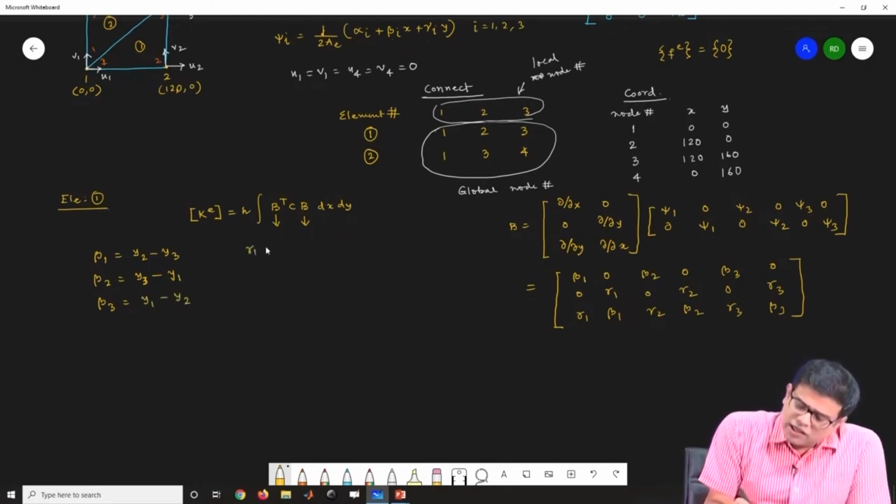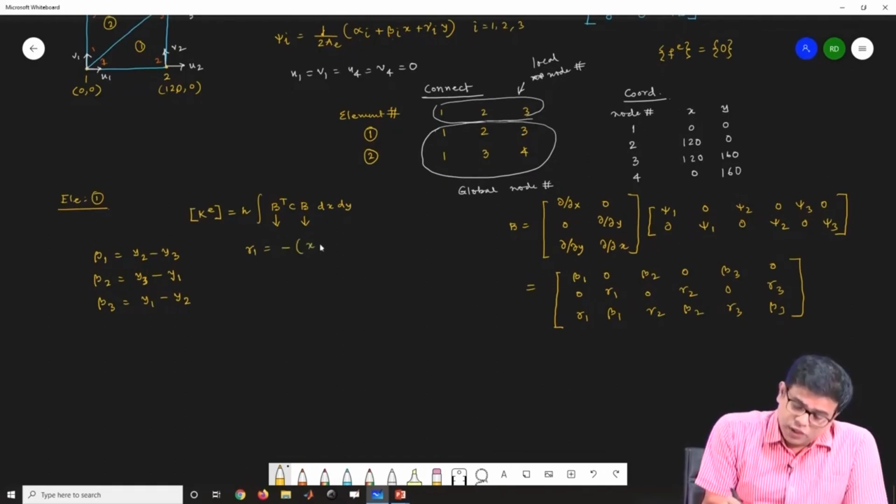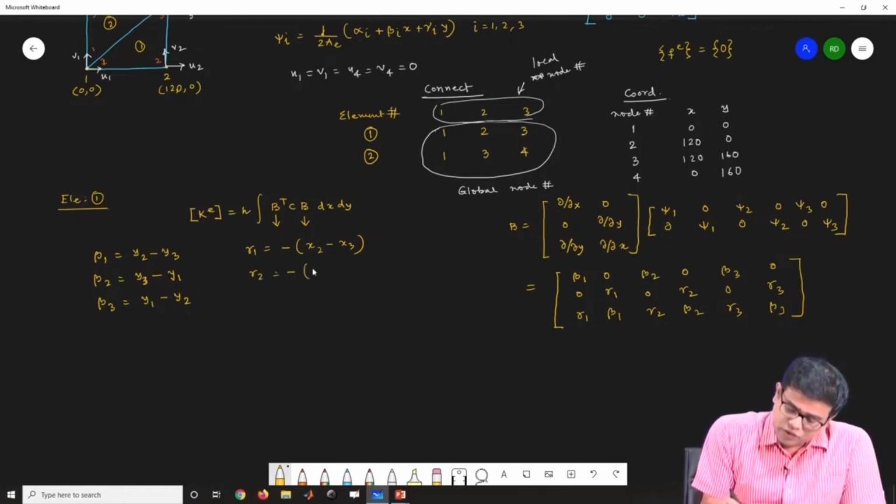Similarly, gamma 1 is minus x2 minus x3, or x3 minus x2. Gamma 2 is x1 minus x3, and gamma 3 is x2 minus x1.